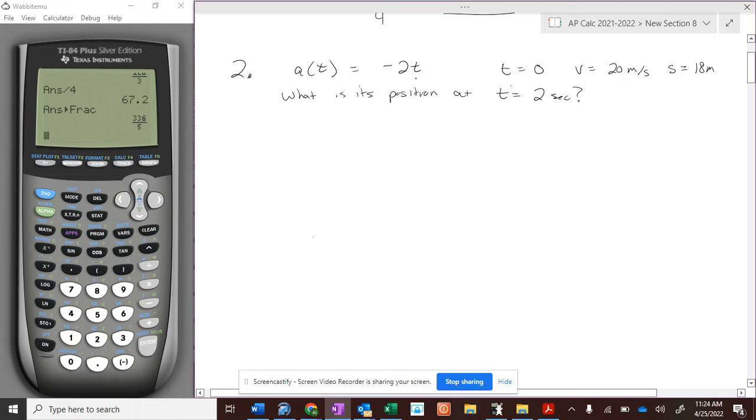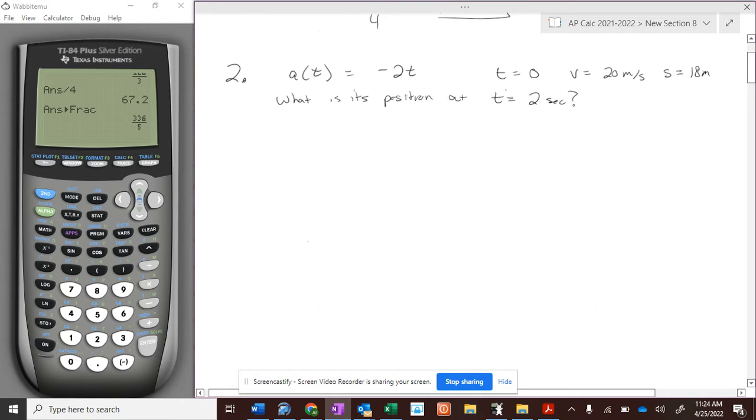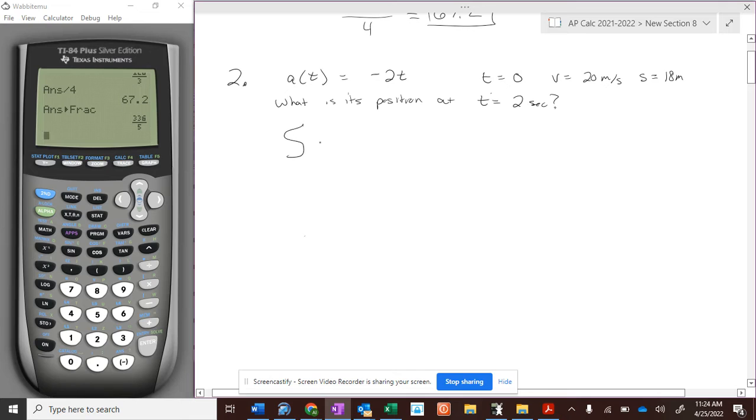If the acceleration is negative 2t and at time 0, the velocity is 20 and the position is 18, what is the position at 2? What do we do first? You integrate a sub t. So that's the integral of negative 2t, which is negative t squared plus c.